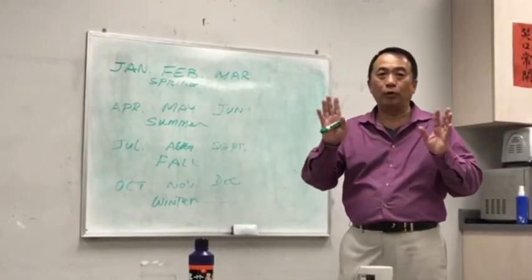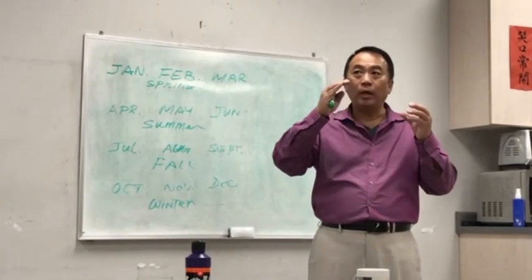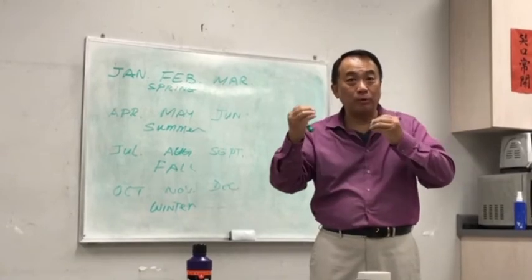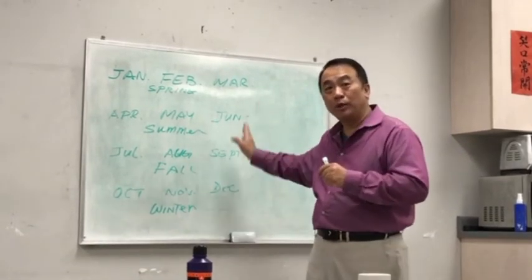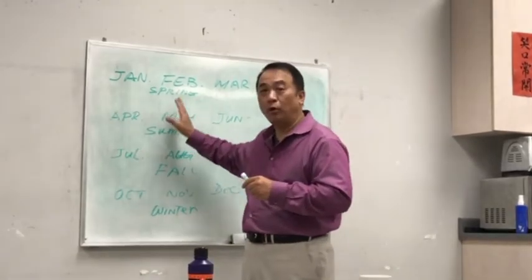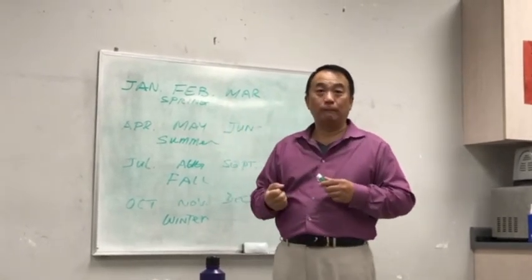Because each month has 4 weeks, we break down 2 weeks to have a different type of climate symbol for us to know. So that's why we break it down into 24 instead of only 12. We have 12 months, but we have 24 kinds of weather description.